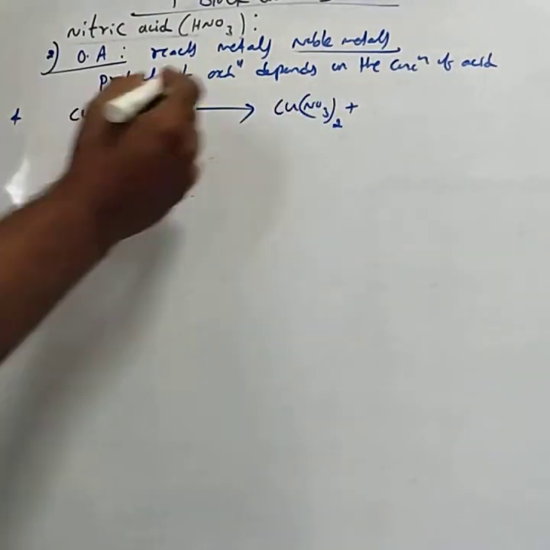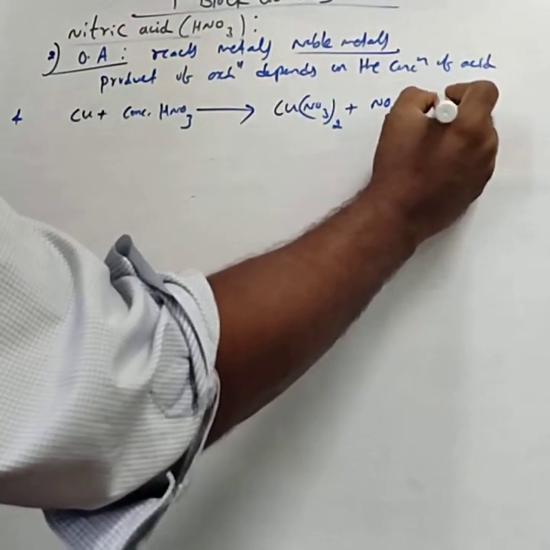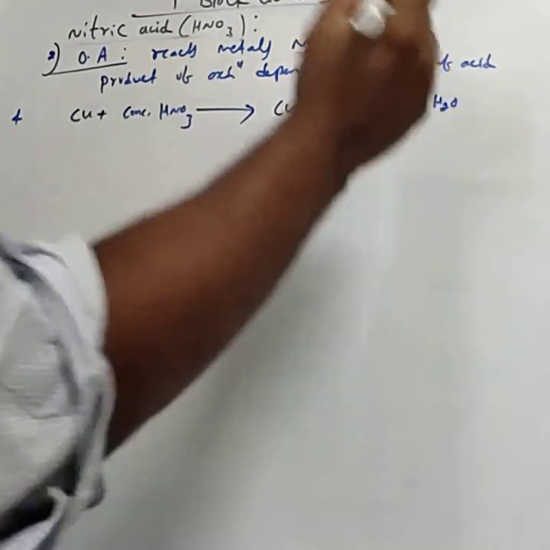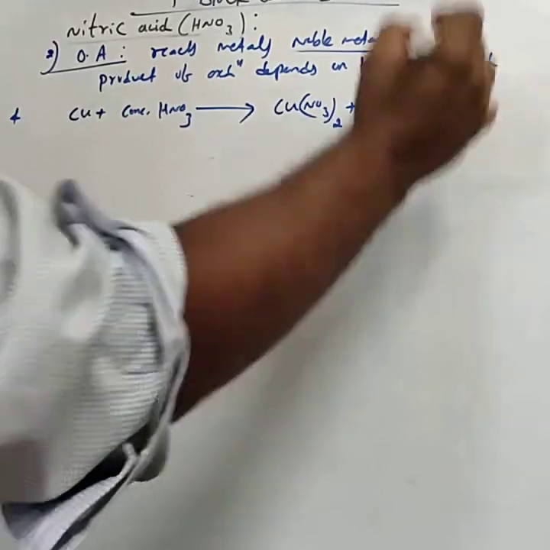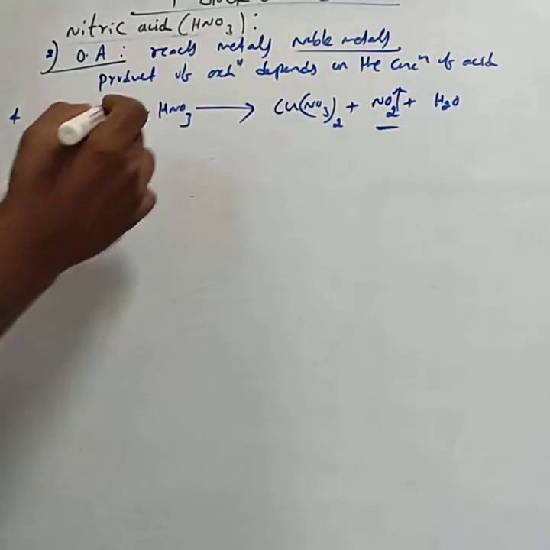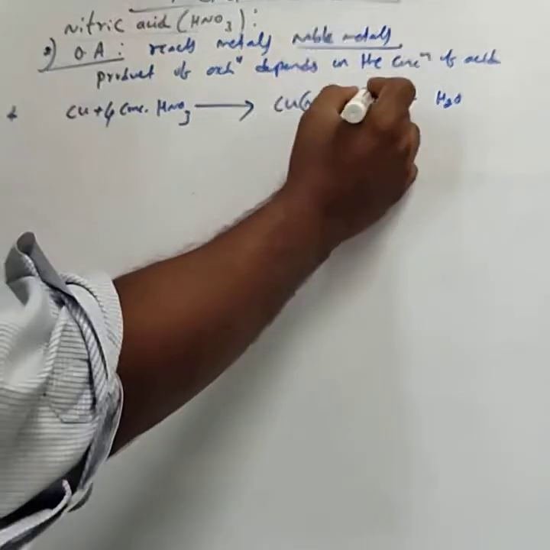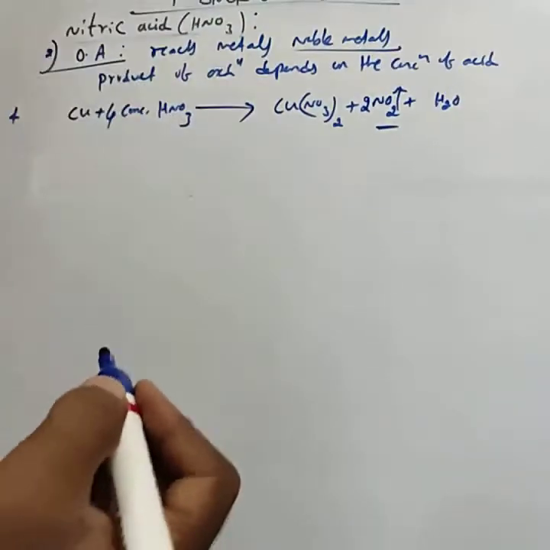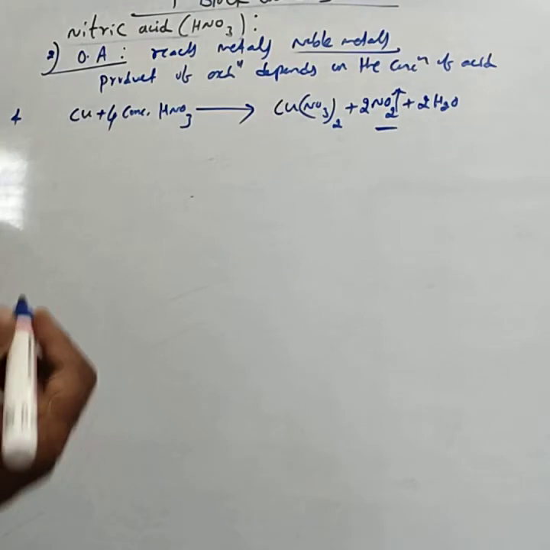If you take concentrated HNO3, the byproduct is NO2. This is important, you have to remember that NO2 is formed. Then balance this reaction by taking 4 moles of HNO3, giving 2 NO2 and 2 H2O. This is with concentrated HNO3.